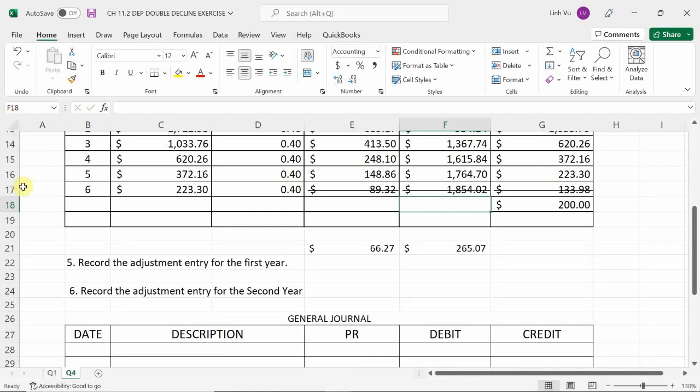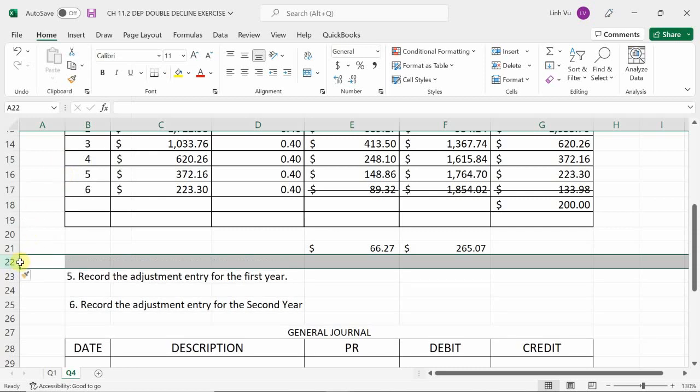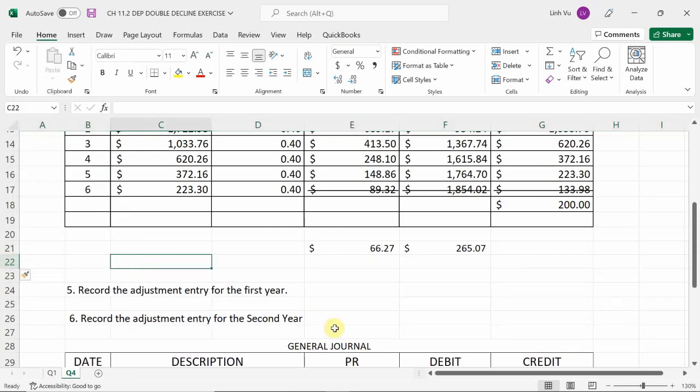If we know this much information, we know my formula to solve for book value. I'm going to type it in here. Book value is equal to, what's the formula? How do I solve for book value?